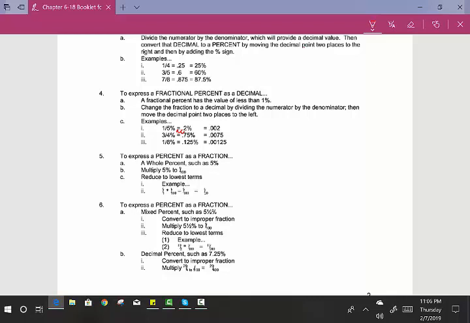Then 3/4 of 1%, I'll enter 3 divided by 4 into the calculator, which would give you 0.75, and then convert that percent to a decimal. I would move the decimal point 2 places to the left to give you 0.0075, which reads 75 10,000ths.